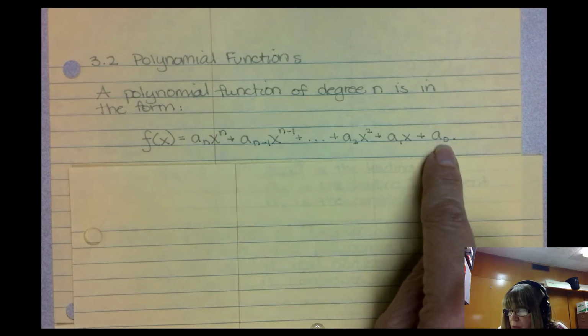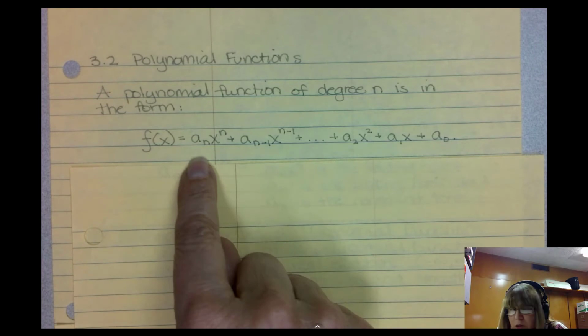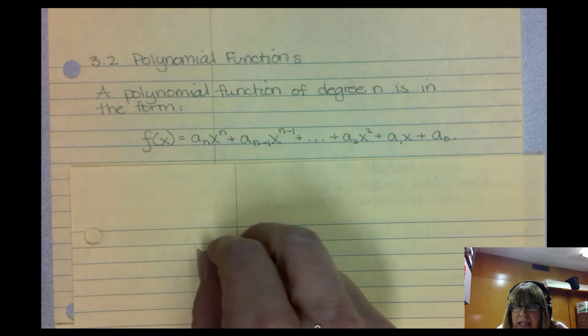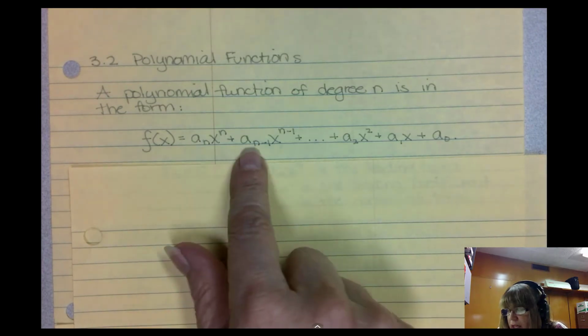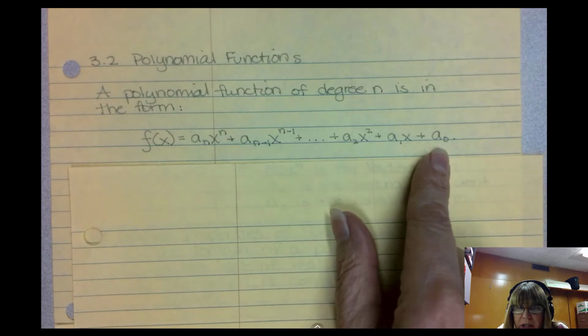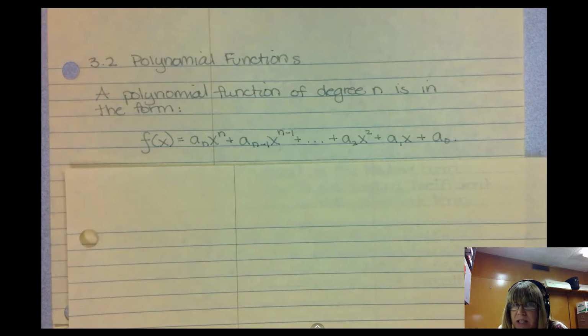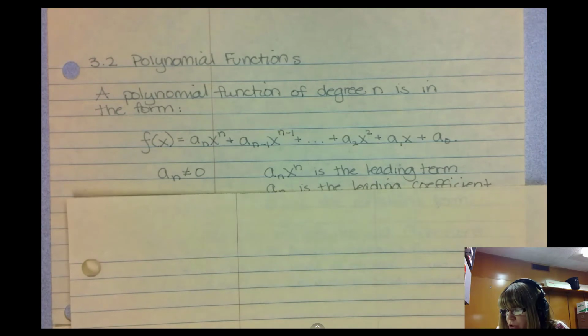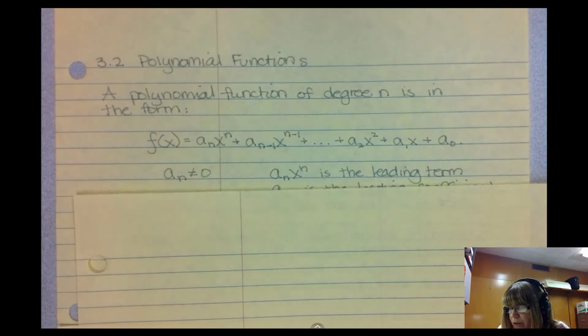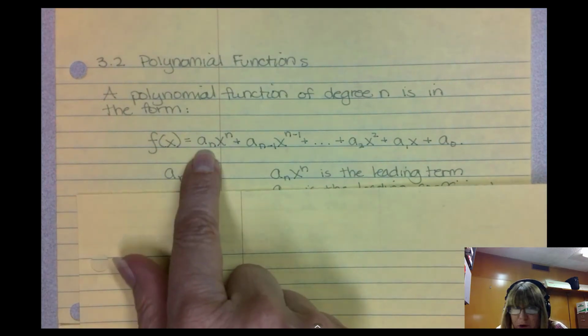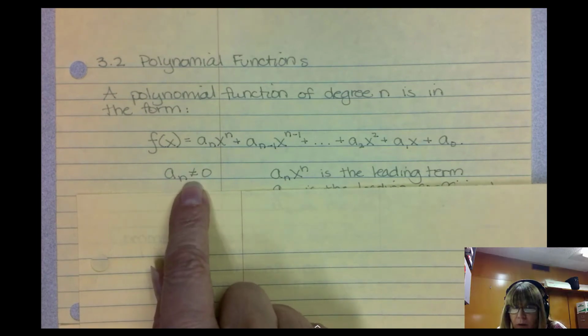Now, these little subscripts are just naming these values, but it could have been 3, -2, 5, 7. They're just real numbers. But the important part is we're not limited to just x squared. It could be x to any power. We do want this first value, a with the subscript of n, not to be 0.